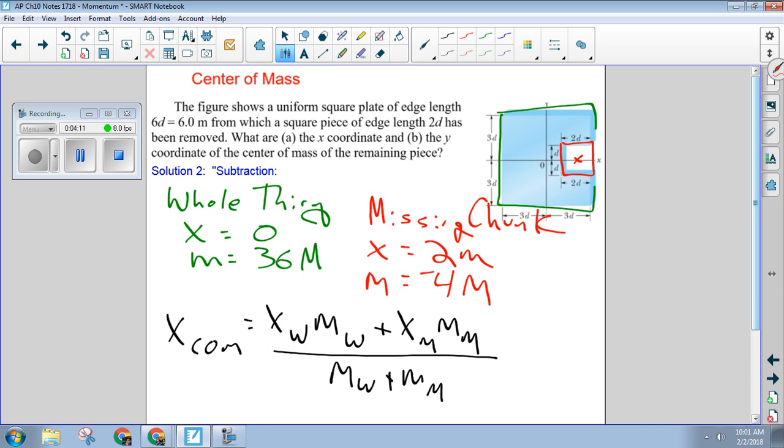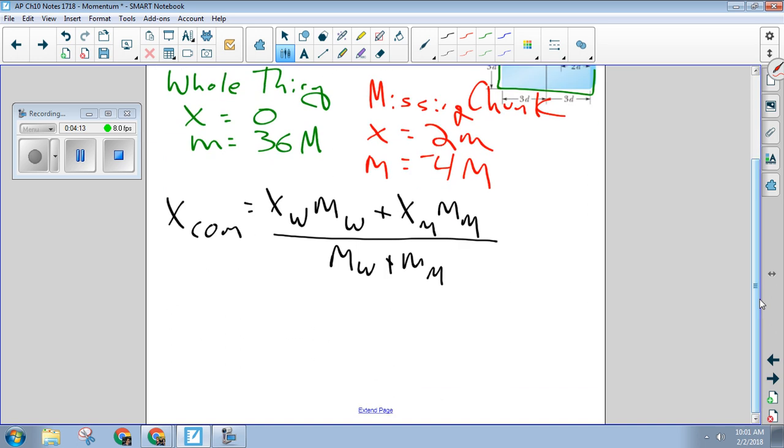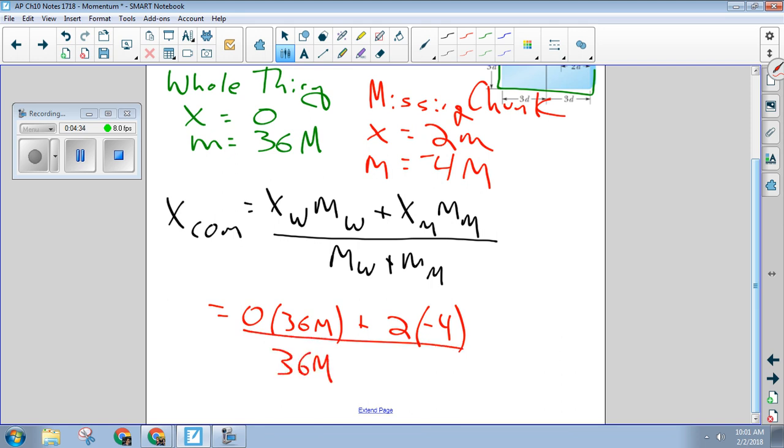All right. So let's plug in our numbers. The position of the whole thing is 0 times the mass of the whole thing, which is 36m. Plus the position of the missing chunk is 2 times its mass, which is negative 4m. All over the mass of the whole thing, which is 36m, plus the mass of the missing bit, which is negative 4m.